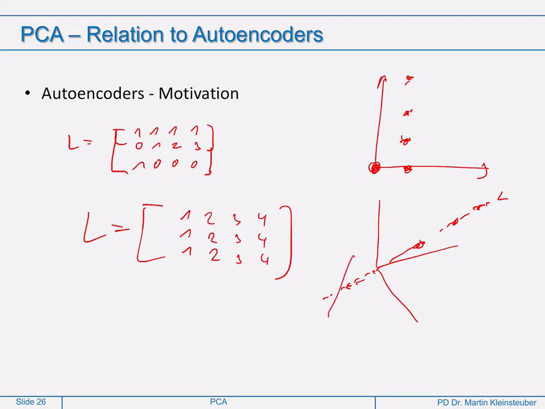Two-dimensional means that I have to draw a two-dimensional space where the data lies. And if I plug all three-dimensional coordinates of these points together into a matrix, this matrix will have rank 2. But the space is 3-dimensional.